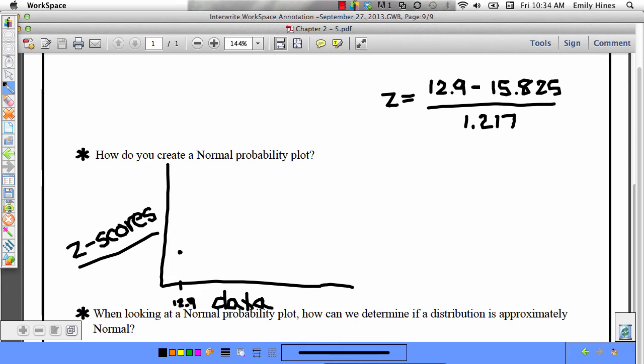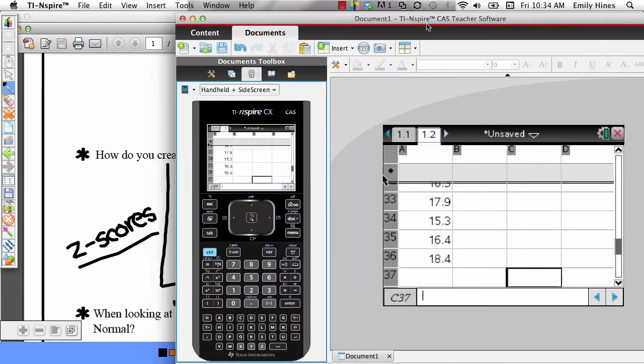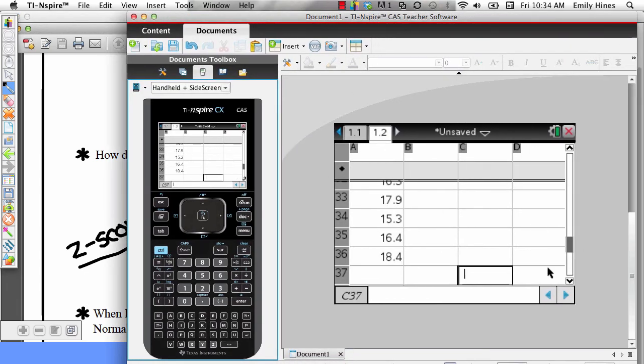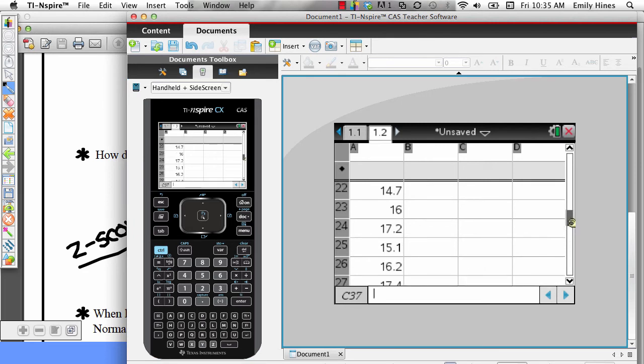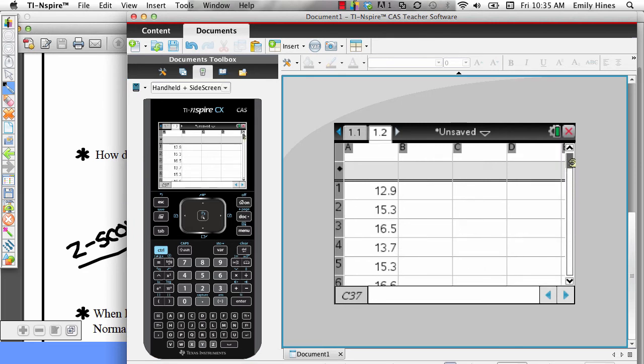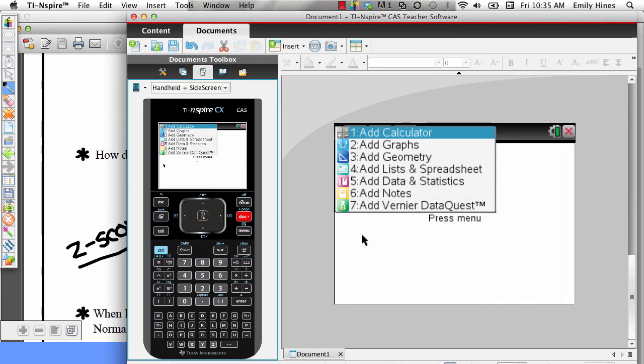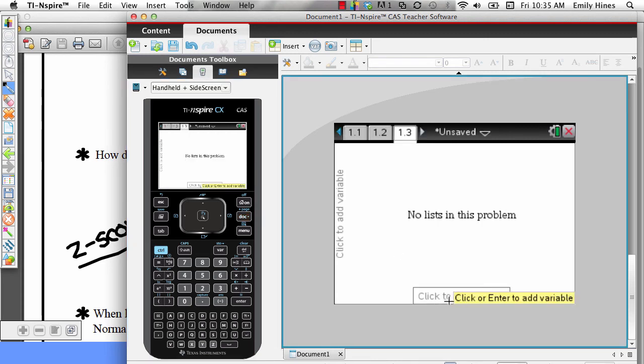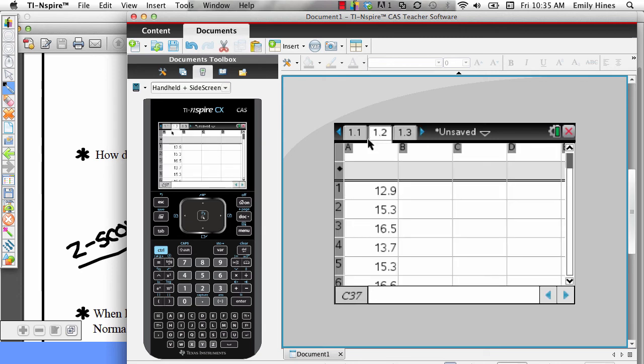If you have a calculator, this is much easier to do. I have put all of my values in this list here, in A. Now I'm going to create a new page that is a data and statistics page, and I need to give it a name.